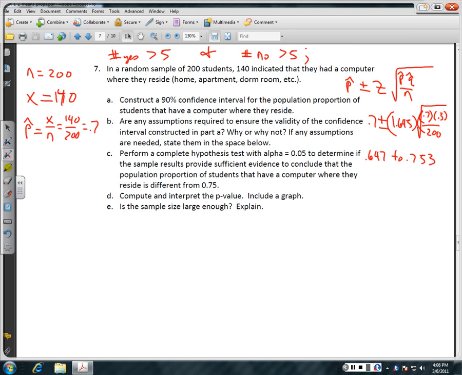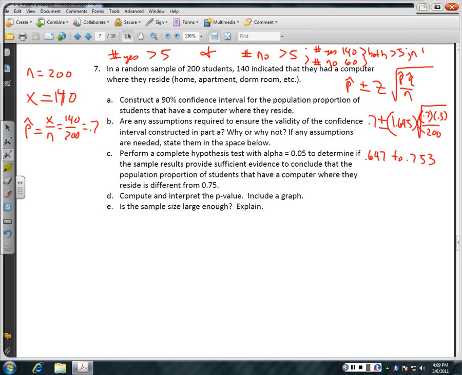So what do we have? In our sample, the number of yes was 140. 140 out of the 200 indicated they had a computer. That means that the number of no had to be 60, or just 200 minus 140. Both are greater than 5.